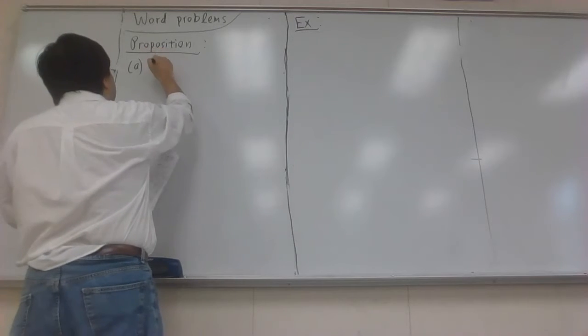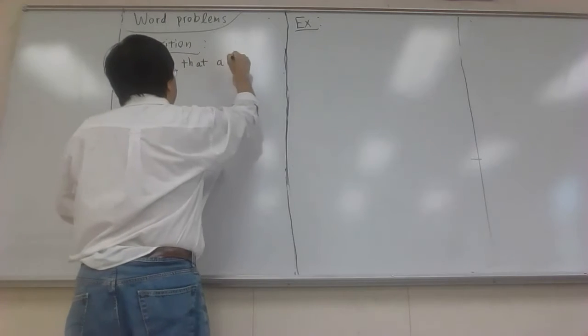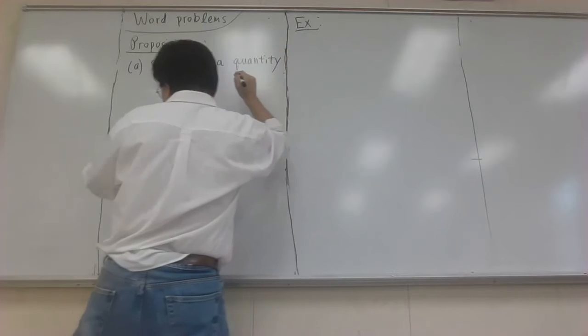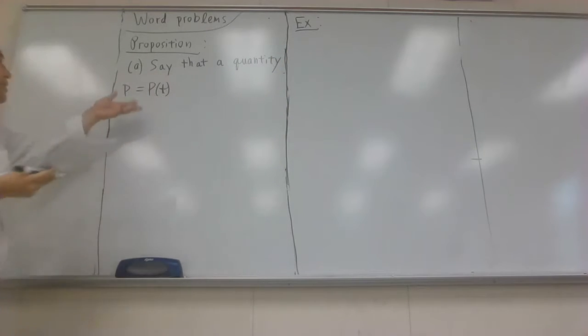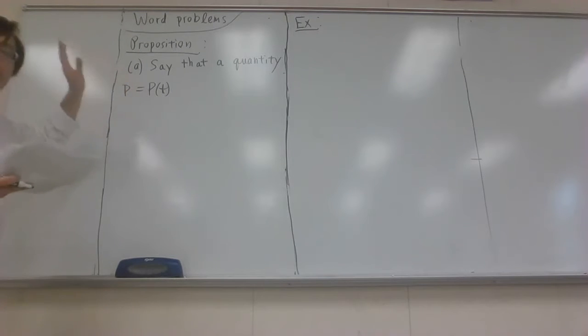So say that a quantity P equals P(t) is the quantity that we're interested in. Say that we're interested in making future predictions about this quantity, and that this quantity changes by a certain percentage per unit time.